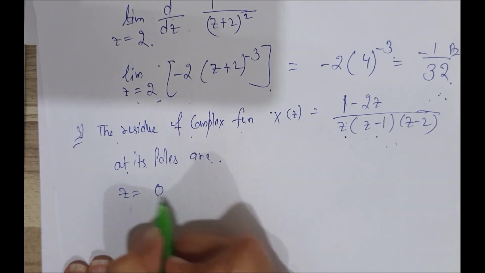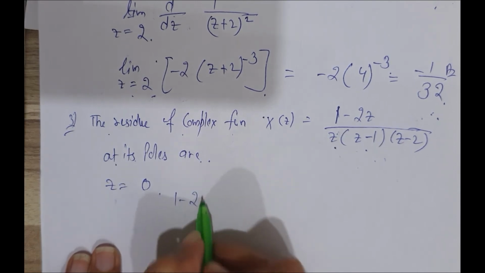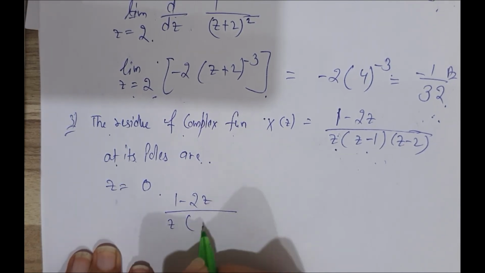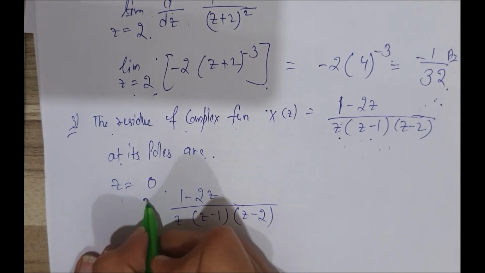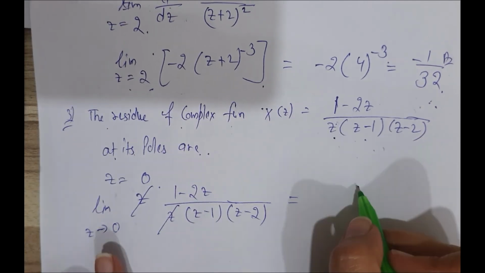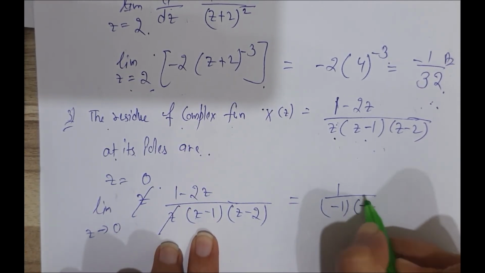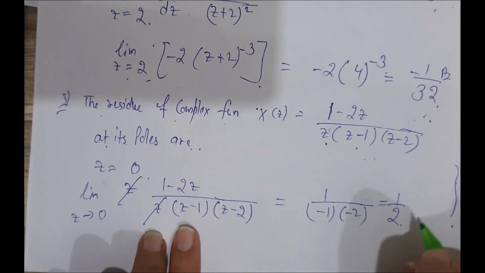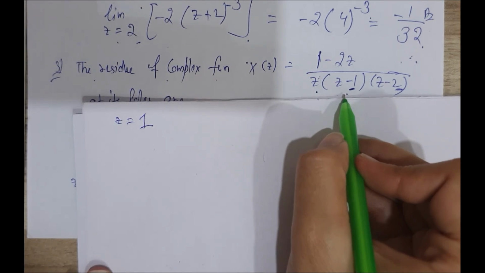Start from z equal to 0. If n is equal to 1, then just write it as limit. Now put the value of z, so 1 by 2 is the residue at the z equal to 0 pole. Similarly find the residue at z equal to 1.